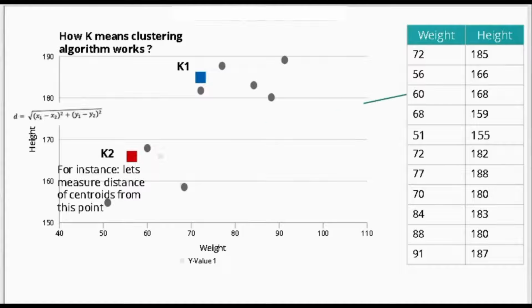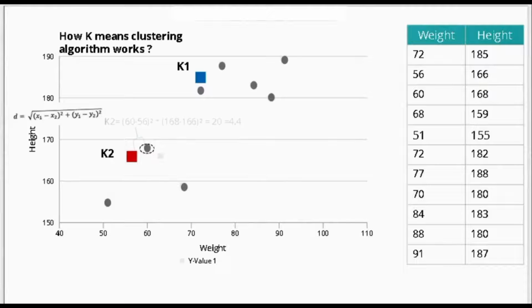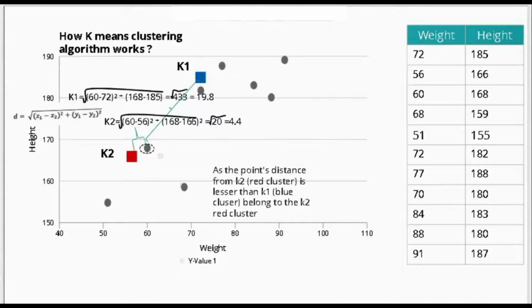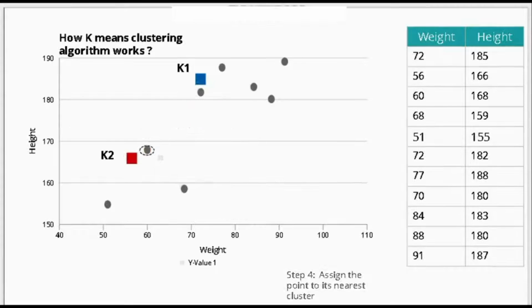For instance, let's take this point. Measuring its distance from the K2 cluster comes out to be 4.4. Then measuring its distance from the K1 cluster comes out to be 19.8. As the point's distance from the K2 cluster, that is the red cluster, is less than from the K1 cluster, that is the blue cluster, we can say the point belongs to the K2 cluster, the red cluster.